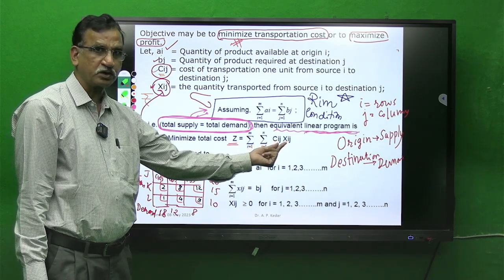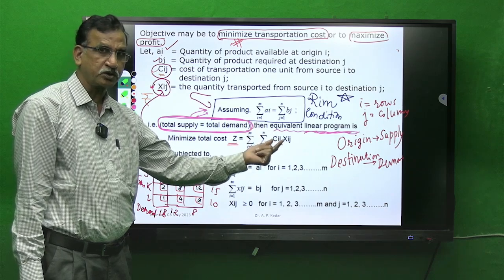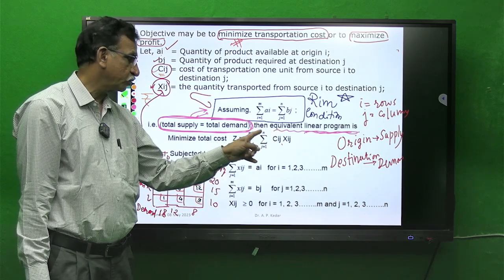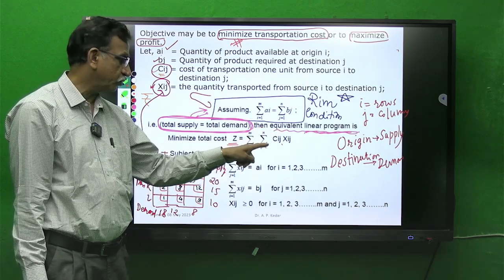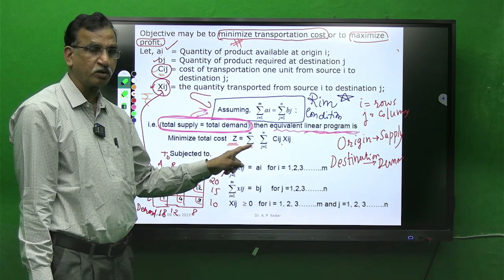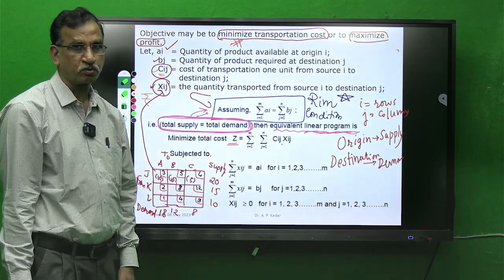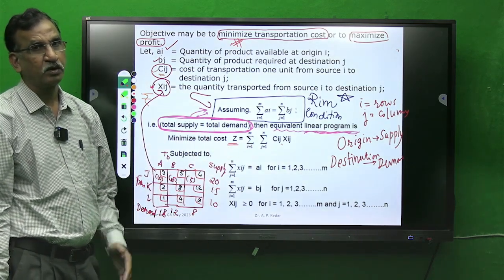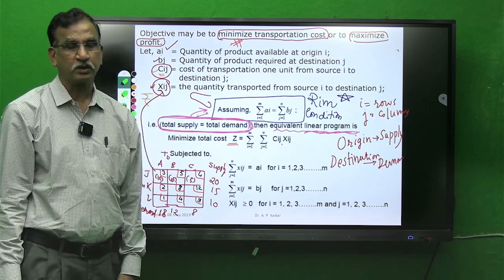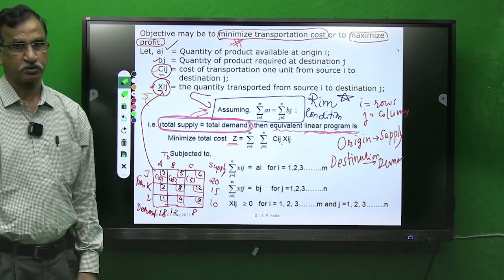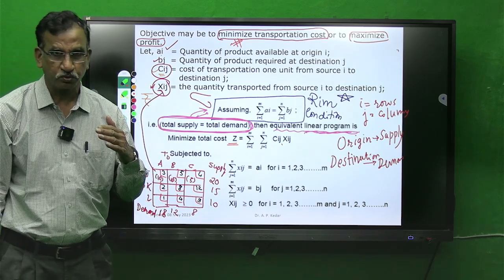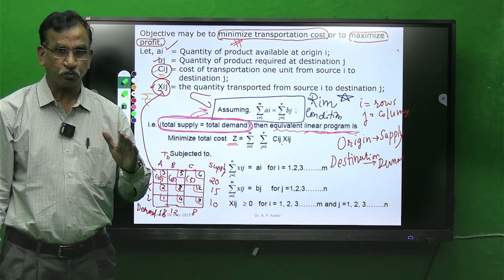This is for one station, like the number of stations in the problem. So to add that you have to use a double summation, because one stands for rows and one for columns. Rows go like i's, columns go like j's, so i raised to m, j raised to n.